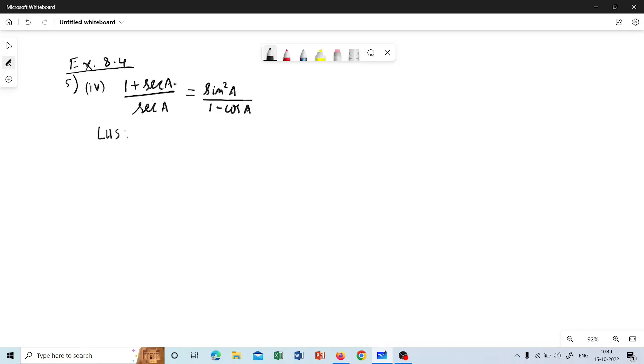If I begin, this is sec, and on the right hand side there are only sine and cos terms, and here we want to write in terms of sine and cos. There is no sine term here, so I can write secant in terms of cos. So simplifying LHS, secant of a is 1 by cos a.